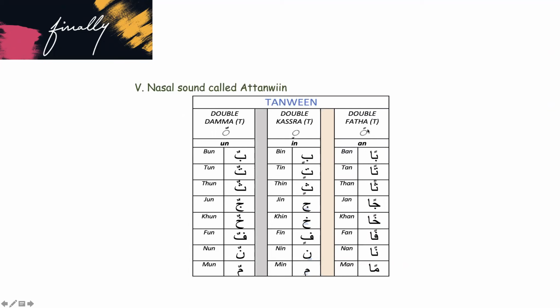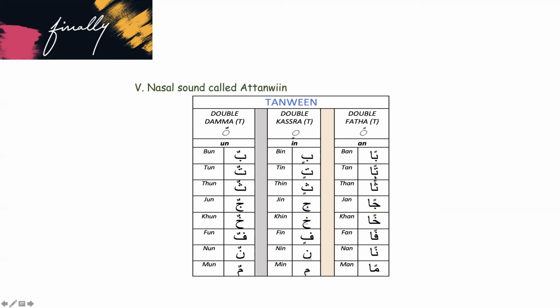So instead of pronouncing it as a, we're going to say an. The same thing for the kasra: instead of saying i, we're going to say in. And the same thing for the dhamma: when it is repeated twice, the sound becomes un.